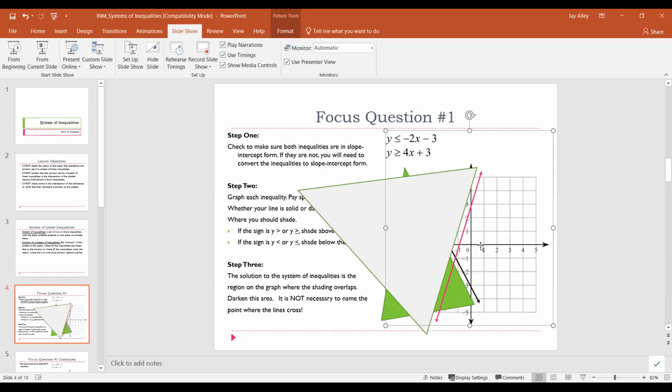And you could still do the same thing here. You could use that 0, 0 point to do your little test. 0 less than or equal to -3 for the first one. Yep, that's true. 0 greater than or equal to 3. Wait a minute, how did I do that? It's not greater than, it's plus 3.